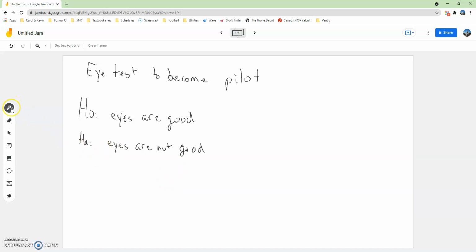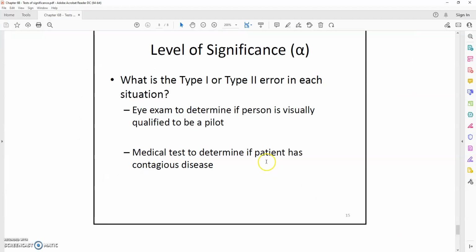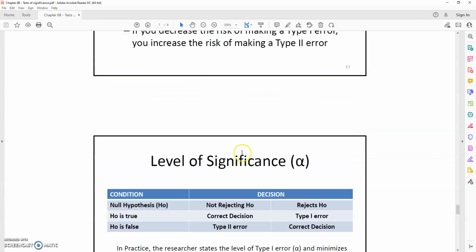So let's look at both of these types. Let's put type 1 down here. Type 1 error. Basically, type 1 error, as you remember, we are rejecting the null hypothesis. Let's just go back there to review that.